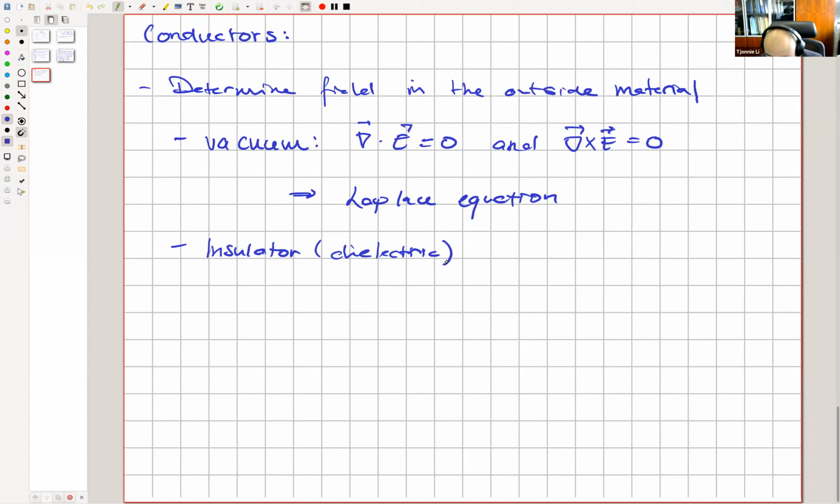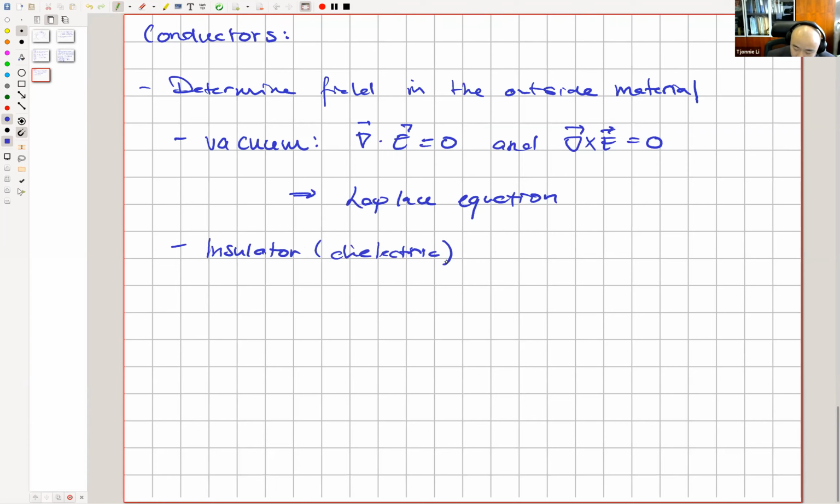And this is the thing that we'll talk about momentarily. So we basically have these two situations. If it's a conductor, we know exactly what happens in the conductor, and then we also need to see what the solution is for the fields outside.